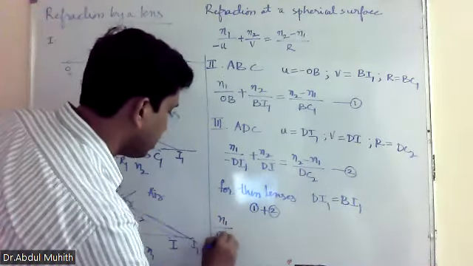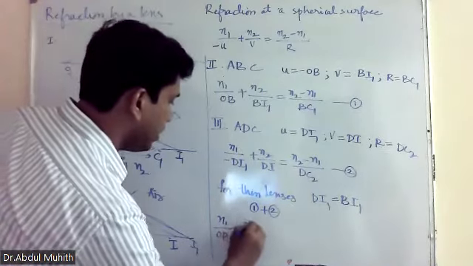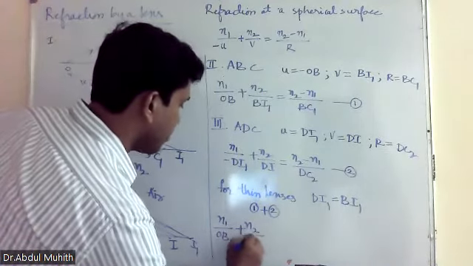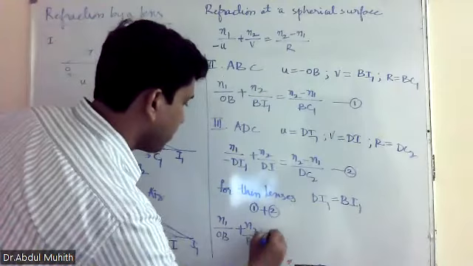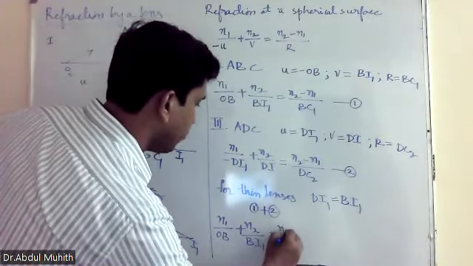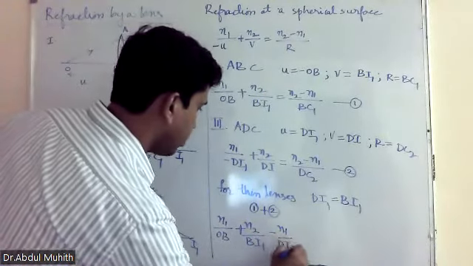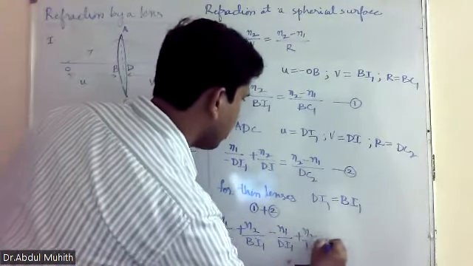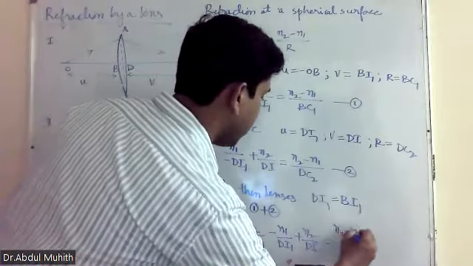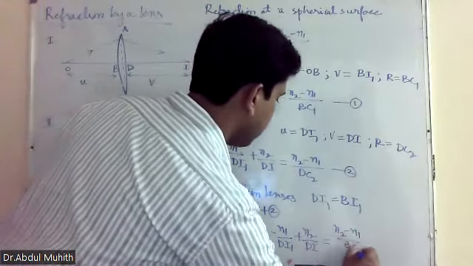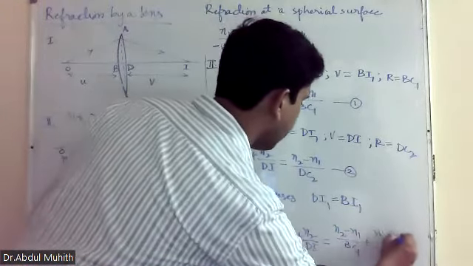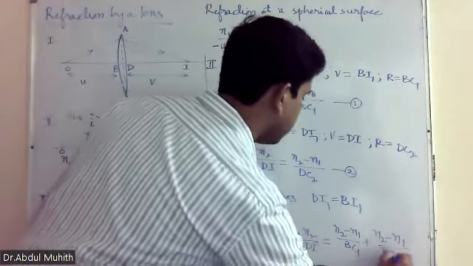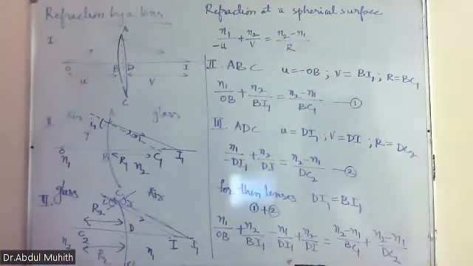N1 by OB plus N2 by BI1 minus N1 by DI1 plus N2 by DI is equal to N2 minus N1 by BC1 plus N2 minus N1 by DC2. Is that clear?